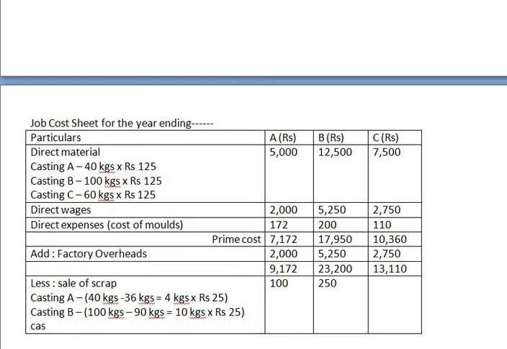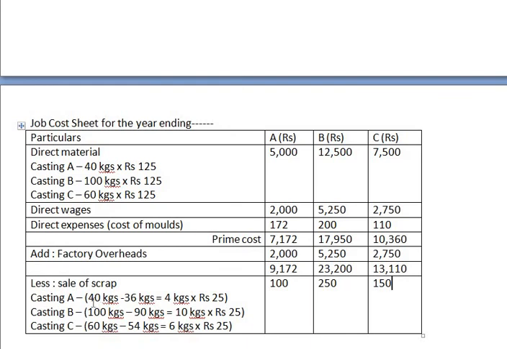Now same thing for casting C. So it is 60 kgs minus 54 kgs, which will be equal to 6 kgs, 6 kgs into rupees 25. So that is 150.